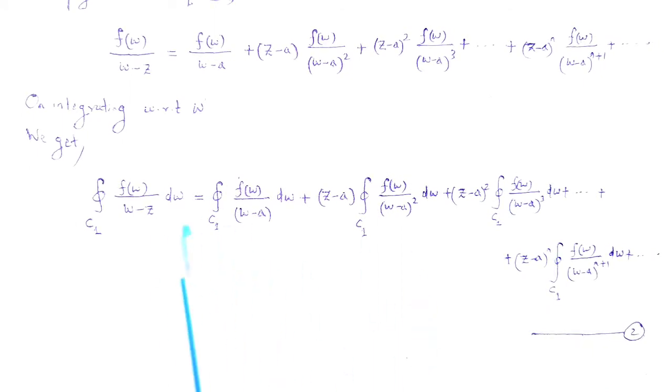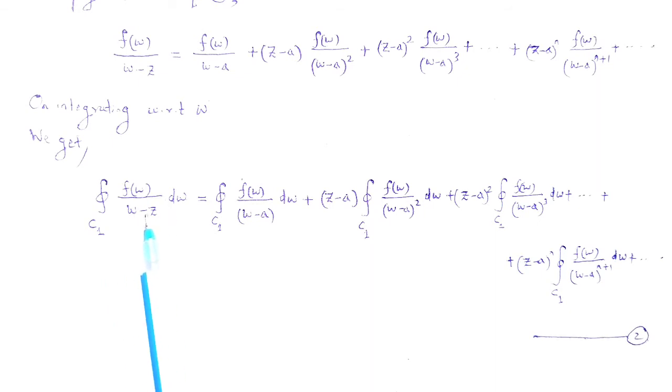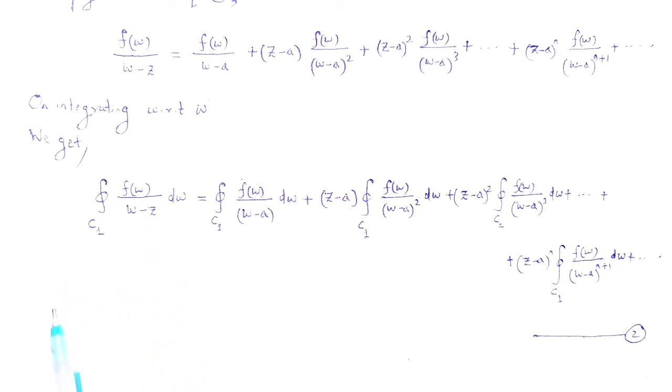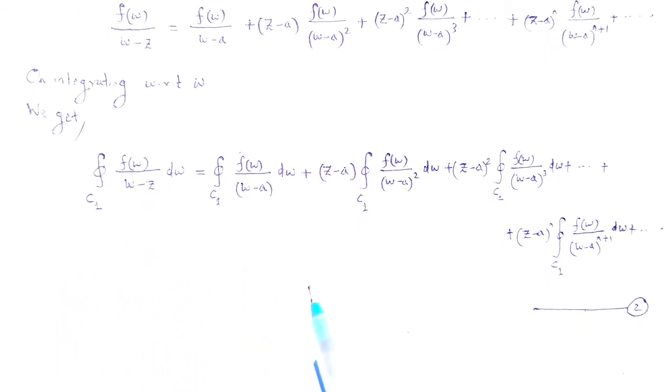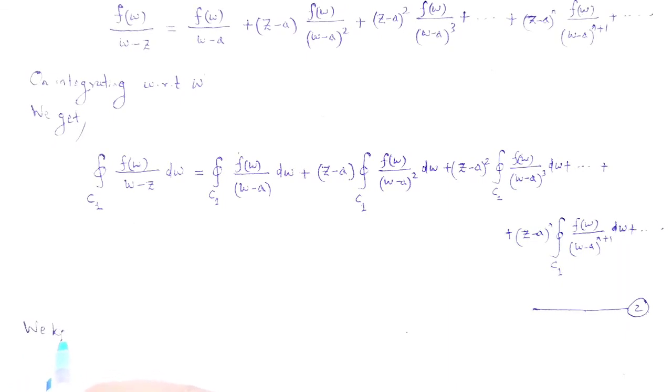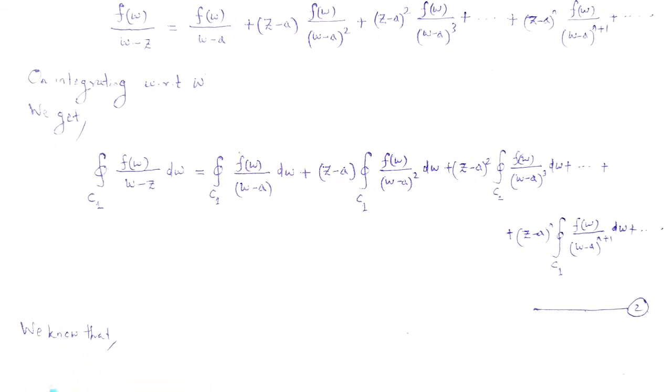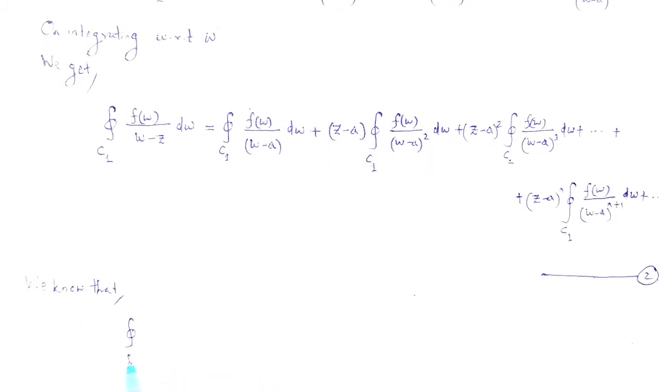Look at that equation. That term f(w)/(w − z) dw can be written as 2πi f(z) by using Cauchy's integral formula. As we know, closed curve integration over C1 of f(w)/(w − z) dw results in 2πi times that function f(z).